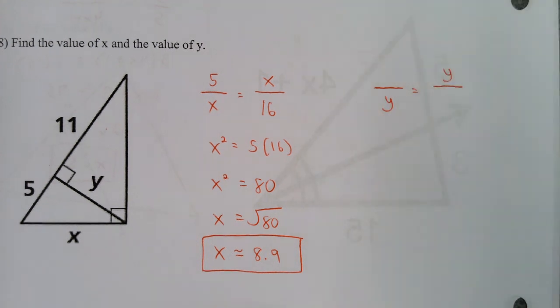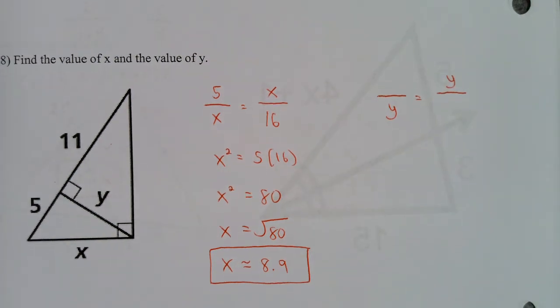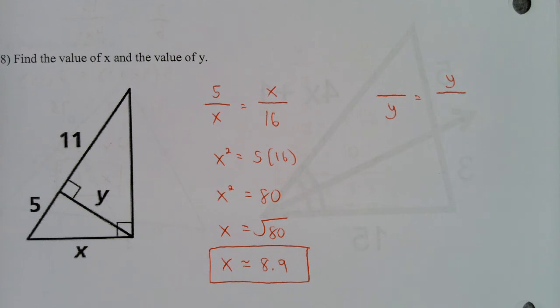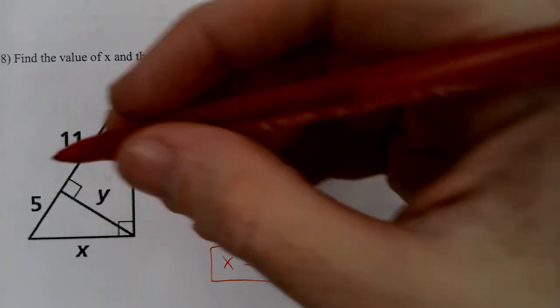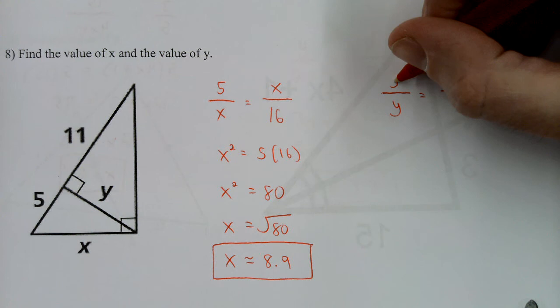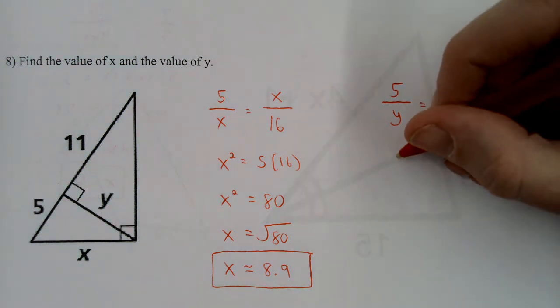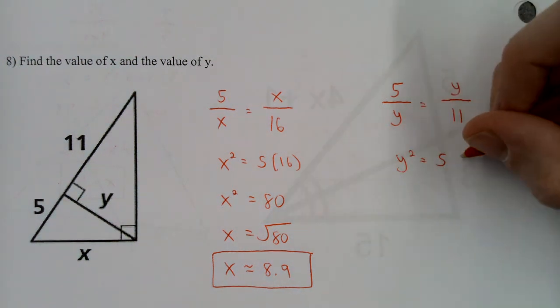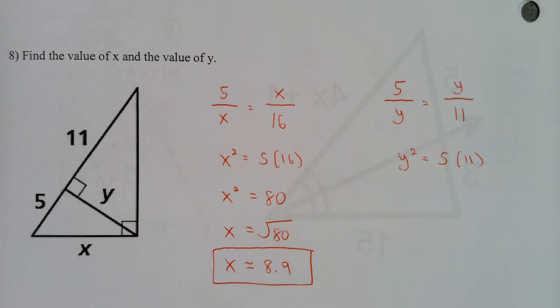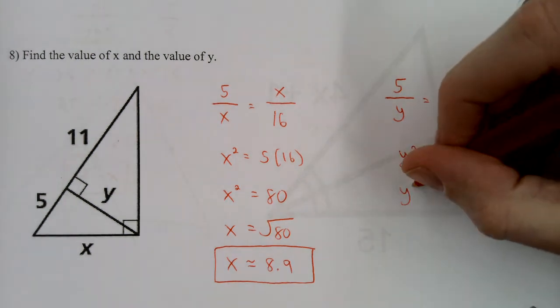So the altitude, in this case y, is the geometric mean between the two segments of the hypotenuse, which in this case are 5 and 11. Cross multiply. Y squared equals 5 times 11. So y squared equals 55.